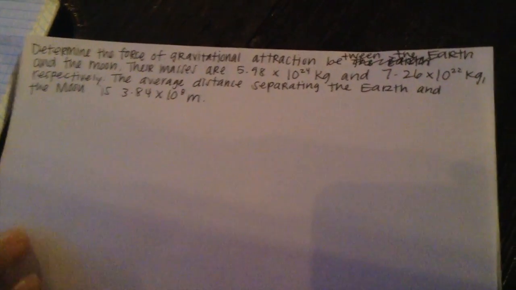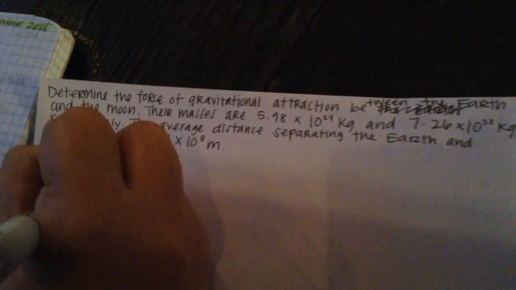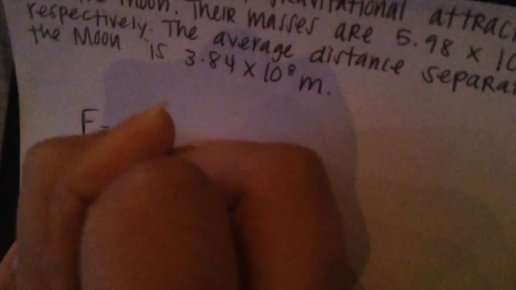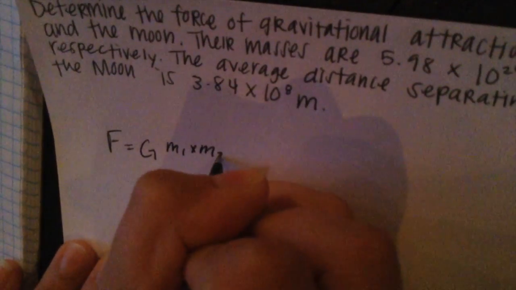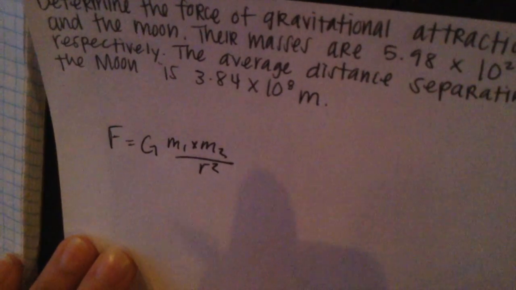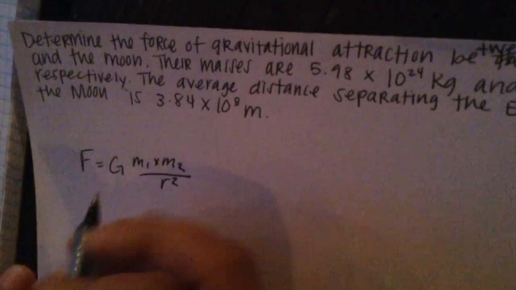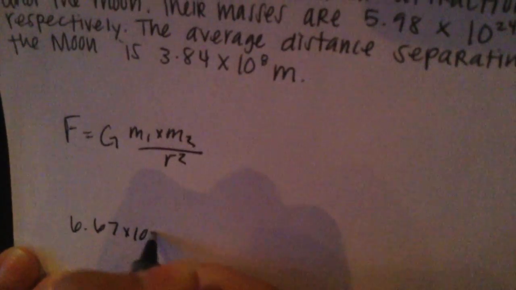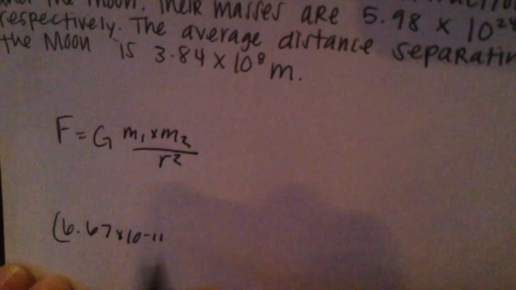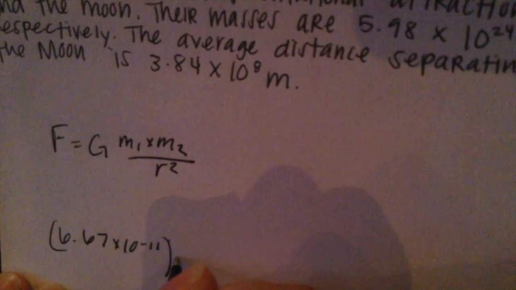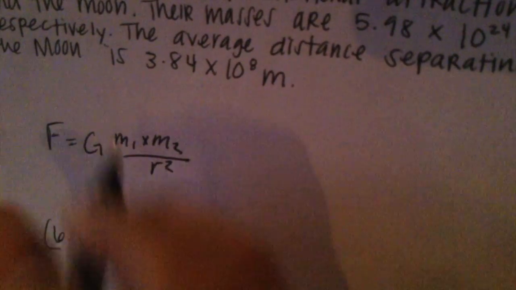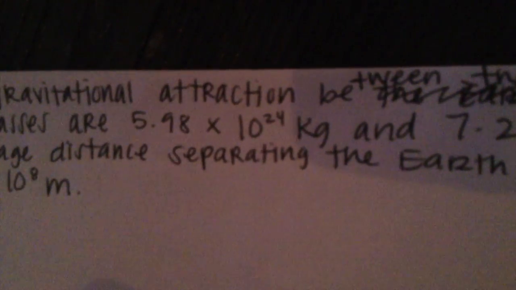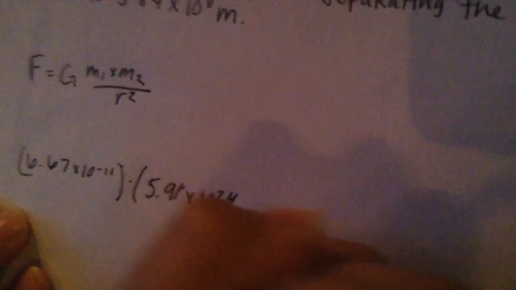For this equation, we would use F equals G times mass 1 times mass 2 over the radius squared. We know that G is always going to be 6.67 times 10 to the negative 11 power. Then we plug in our first mass, which is 5.98 times 10 to the 24.